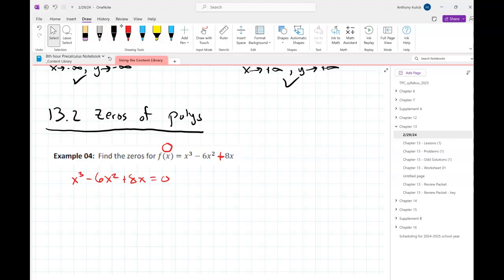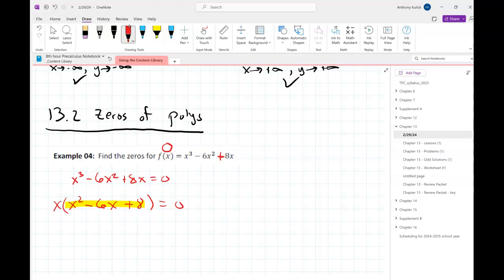So if I look between x cubed, 6x squared, and 8x, what is in common, or what factor is in common with all three of those terms? X. Great. So if I factor that x out front, the polynomial I'm left with is x squared minus 6x plus 8.